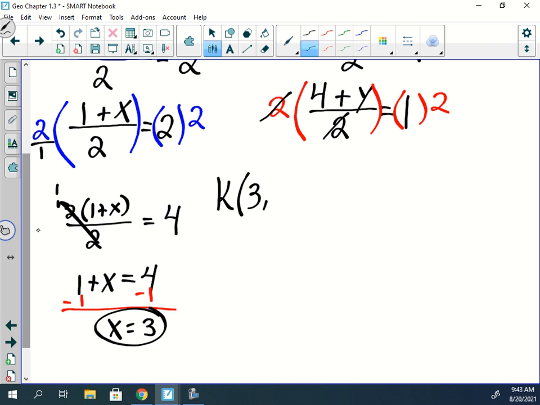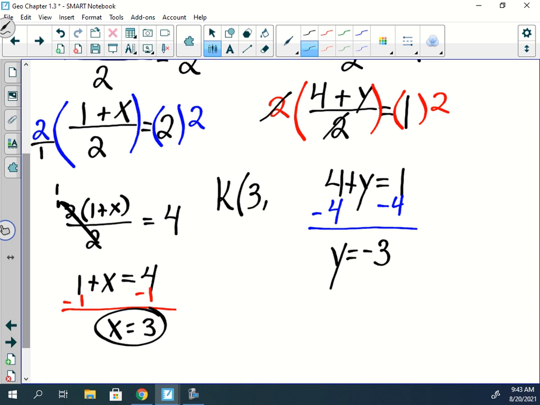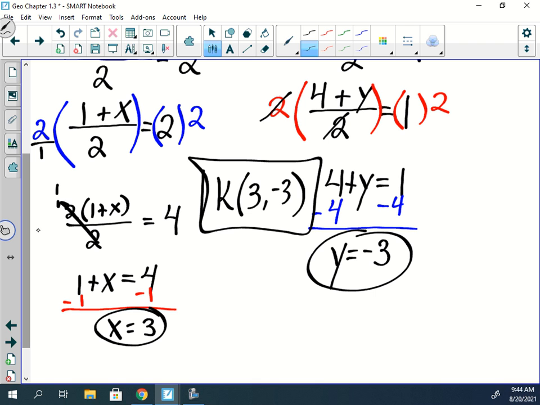That's why we're multiplying both sides by 2, to get that division to go away. And that leaves us with what? 4 plus y is equal to 1. And then what do we do? Subtract the 4 from both sides, which tells us y is equal to -3.